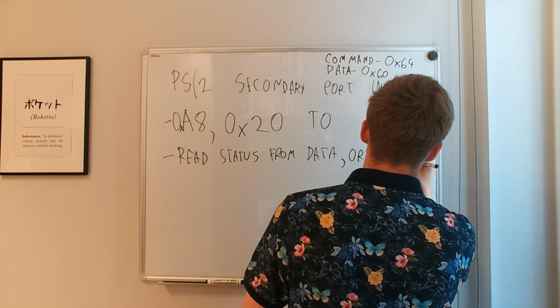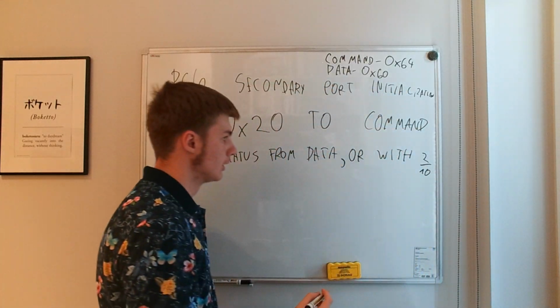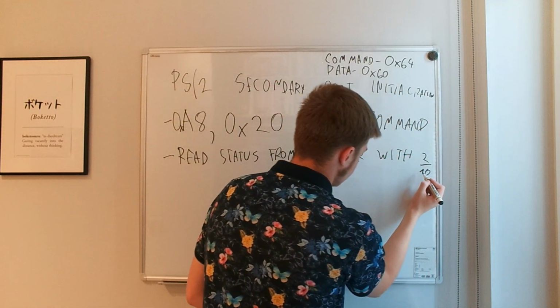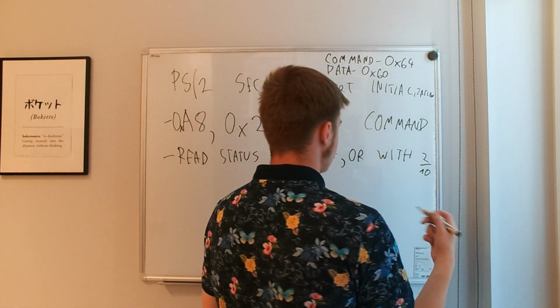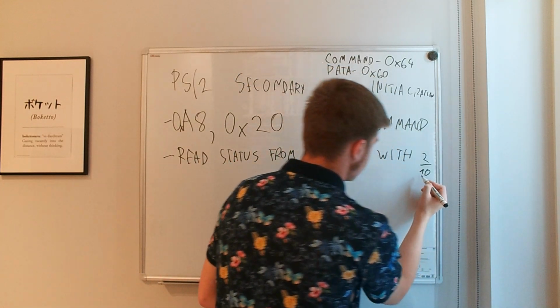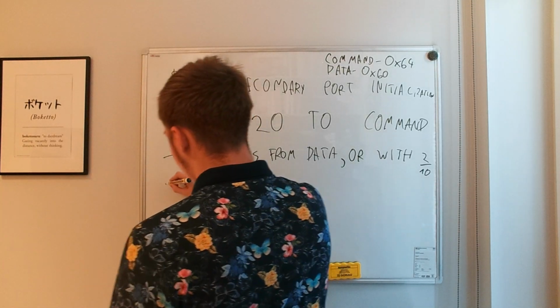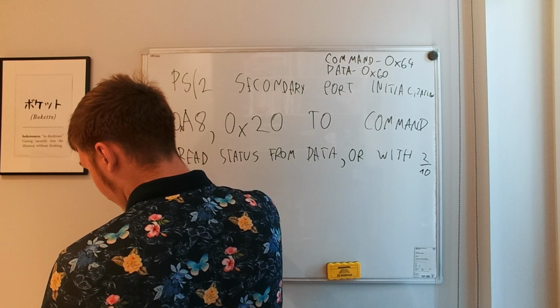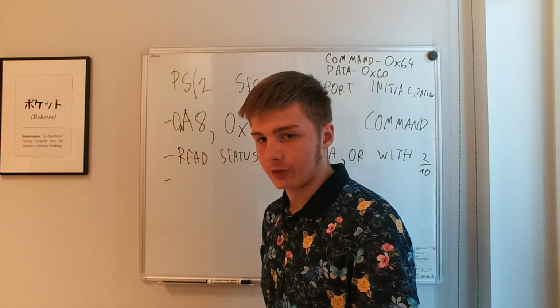Obviously, 2 in binary is 1, 0, so then you have a bunch of zeros afterwards. So if you OR it, no matter what, you will keep the entire state, but the second youngest bit will be a 1. And then we have to send the command that we want to modify the status and send this modified status to the data port.